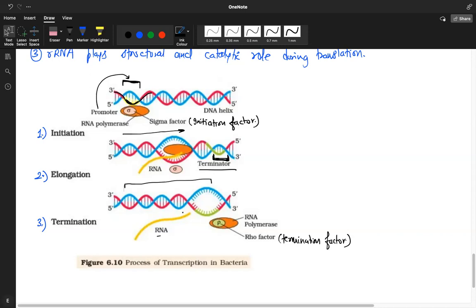The sigma factor dissociates. Next point.